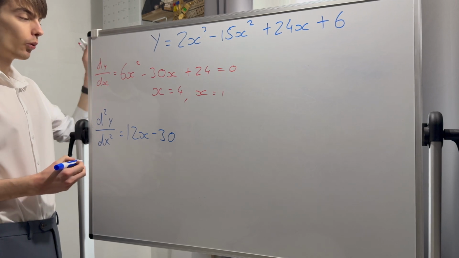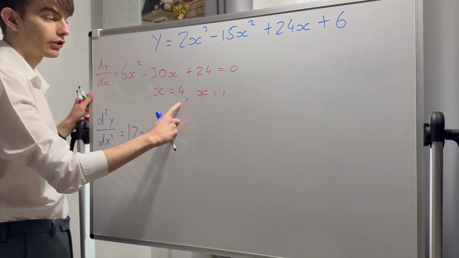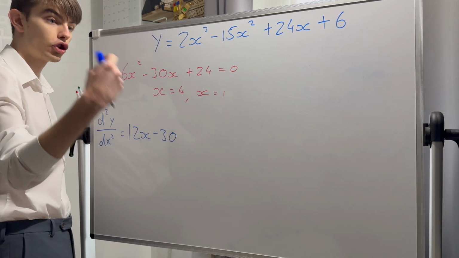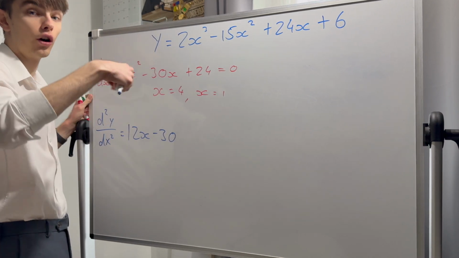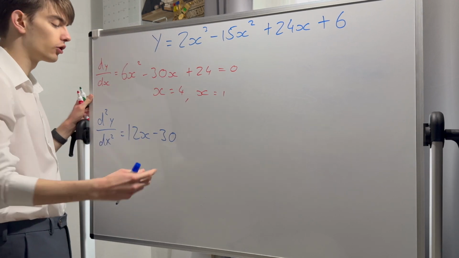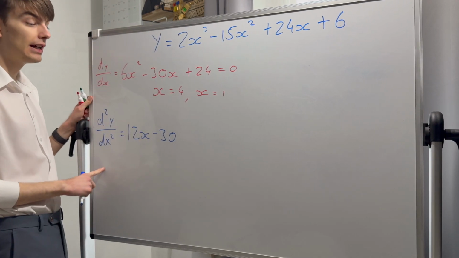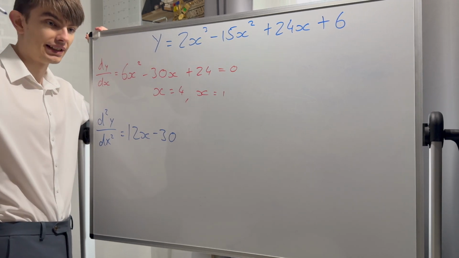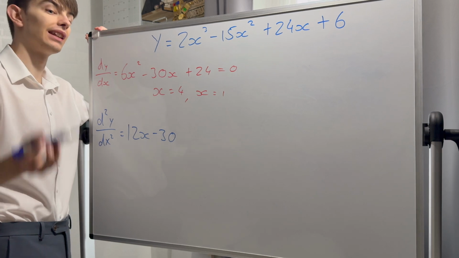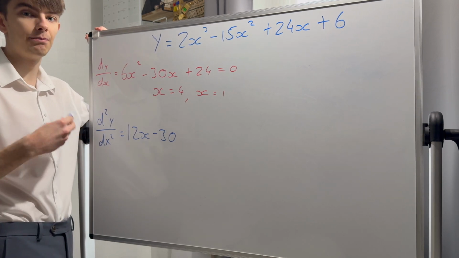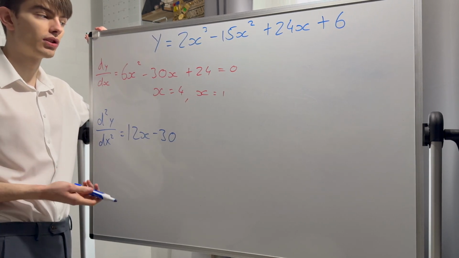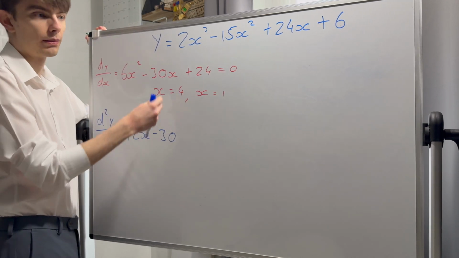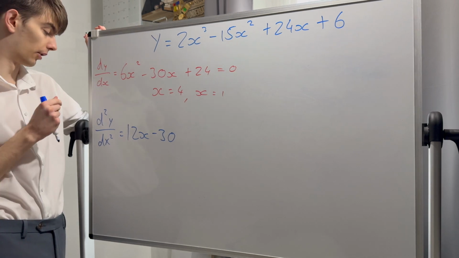Now remember, we are putting our x coordinates into this equation, into the change of the gradient, okay? The rate of change of the gradient, this function here. We are then looking to see if it's greater than 0, in which case it is a minimum, if it is less than 0, in which case it is a maximum, or if it is equal to 0, in which case, unfortunately, I'm going to have to go back and do my 3.9 and 4.1 method with all this nonsense, but hopefully we'll be okay.